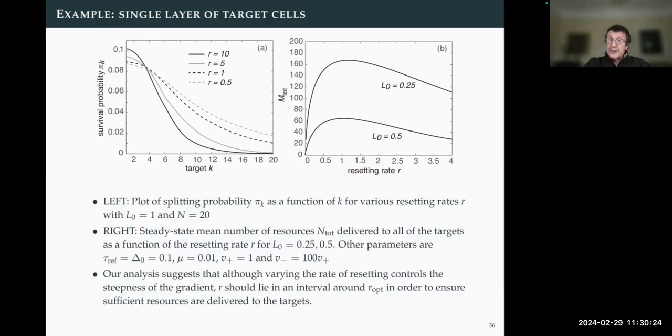So let me just summarize this. On the left-hand side of the figure, I show a morphogen gradient for a one-dimensional array of cells with a source cell at a certain fixed perpendicular distance from the array. I have the cytoneme search and capture dynamics I talked about in the first 2/3 of the talk.